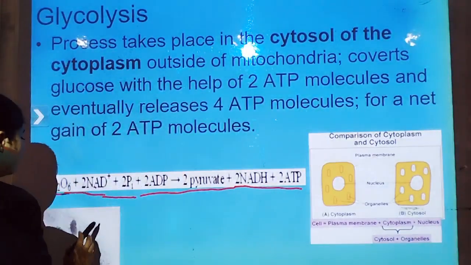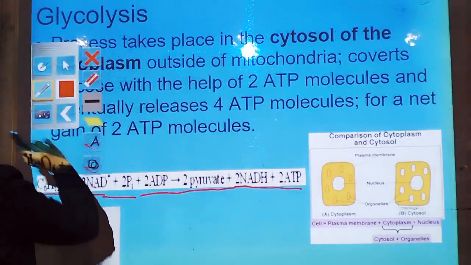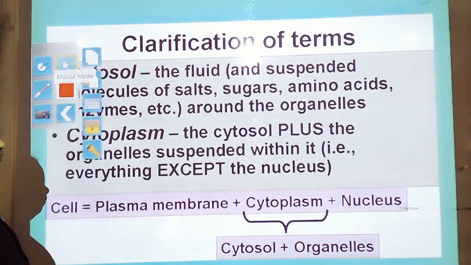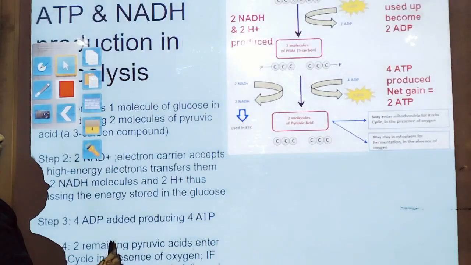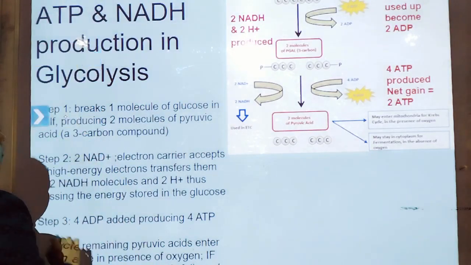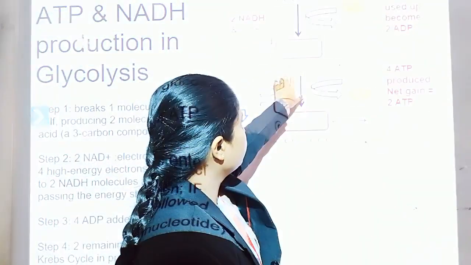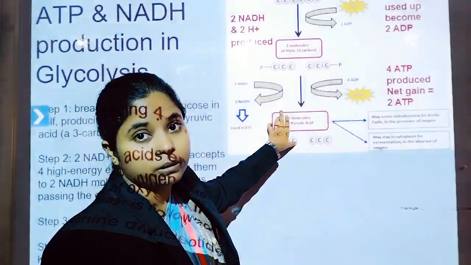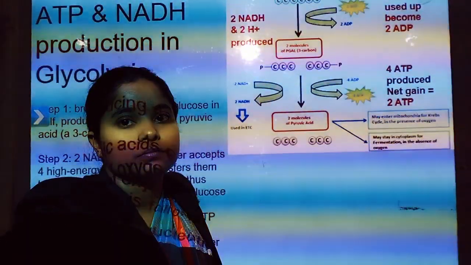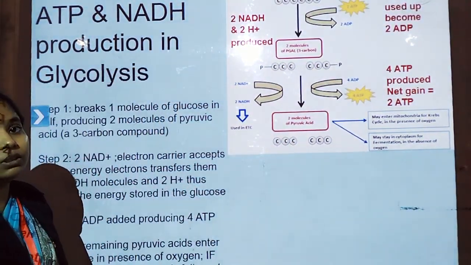Now here is the 10-step process of glycolysis. During the glycolysis process, two molecules of 3 carbon are prepared.